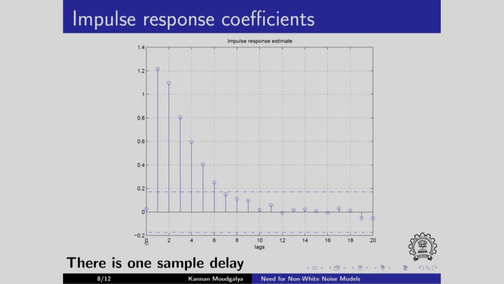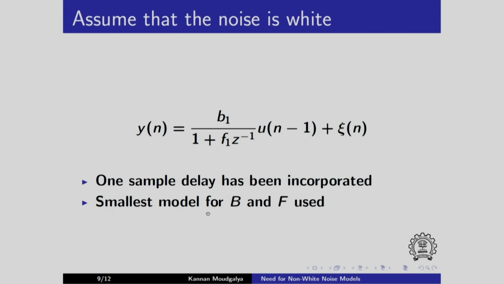You can see that at time instant 0 the value is 0. So it starts to have effect from the first sample onwards, so we say that there is one sample delay. That we use in the model that we propose.